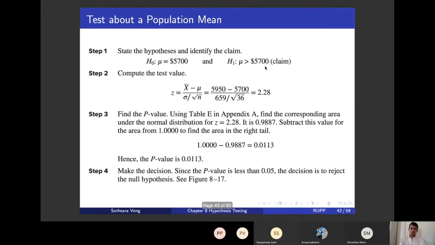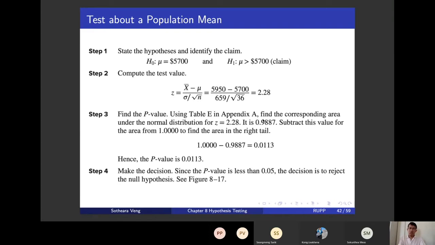But please take note that if you change the significance level, the p-value is still the same, 0.0113, because the formula to come up with the z or the p-value is solely related to the test value, and as you can see in the formula, it doesn't involve the significance level alpha, right?